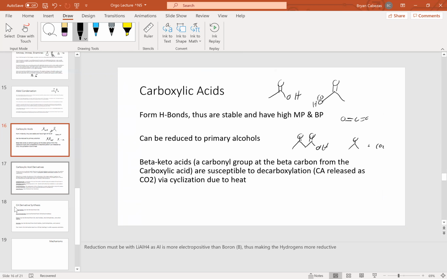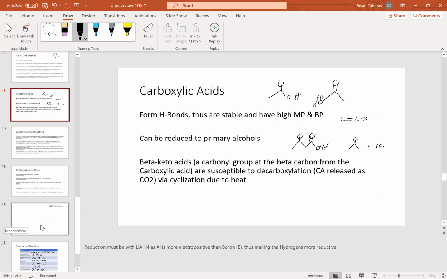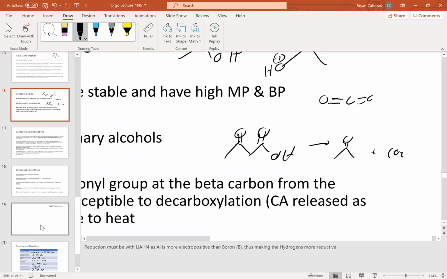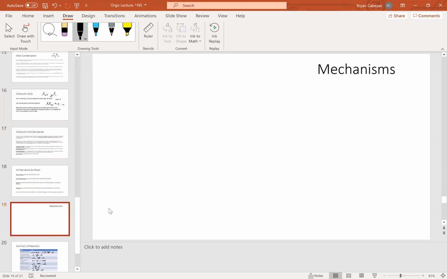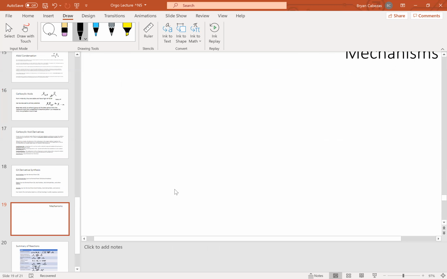This is a decarboxylation of a beta keto acid. So I'm going to draw the mechanism for you down below. It'd be like heat, right? And then a beta keto acid turns into just a carbonyl with a CO2 group. So let me draw the mechanism for you. What the mechanism looks like is as follows.